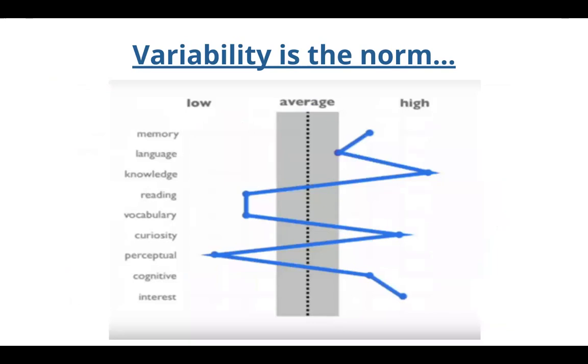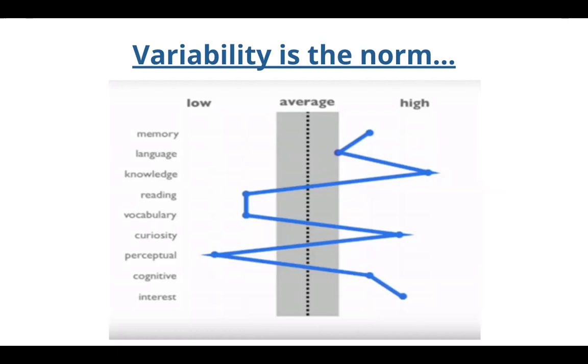And that variability goes from low to average to high. But the term that I really like is the myth of average, that there's an average student, when in reality, every student has a jagged learning profile across the settings, across the context they experience, across the academic subjects, and the relationships that they're able to create with the adults in their classrooms.